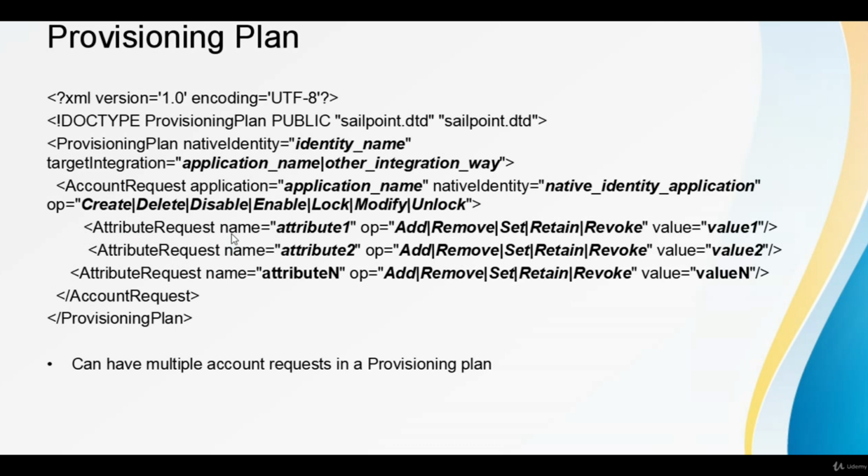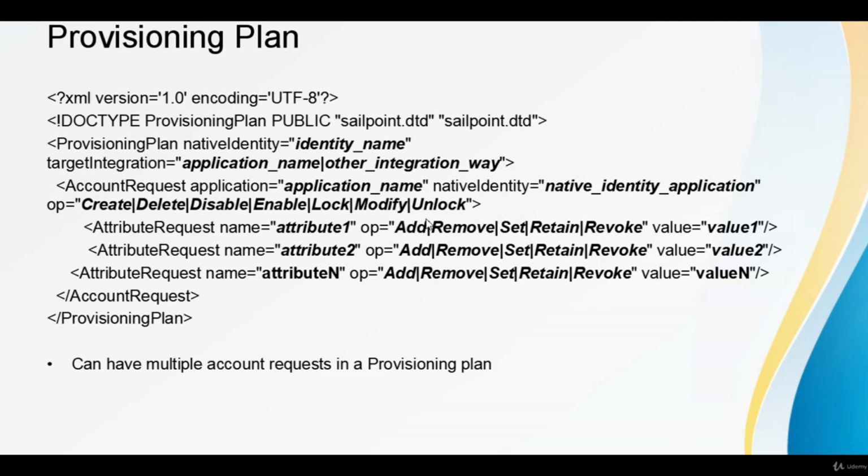In that, we pass a name. In the name, we tell SailPoint IIQ what attribute we want to pass and what should be the value that we want to pass. And also, are we trying to add that attribute, or remove that attribute, or trying to set or retain or revoke those attributes.